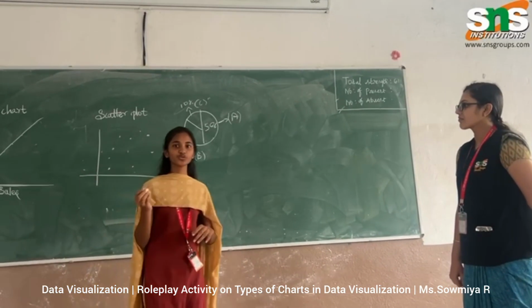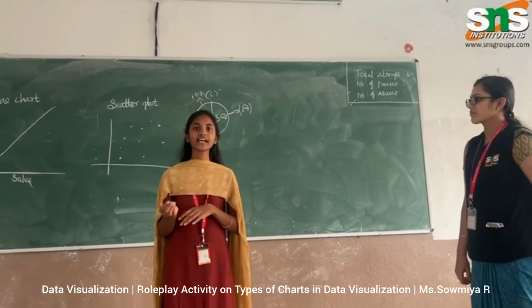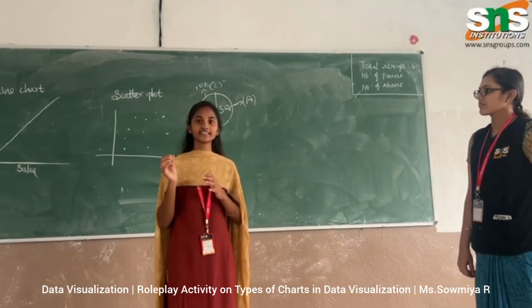Next we move to the donut chart. It's similar to a pie chart. It shows the whole contribution at the center.